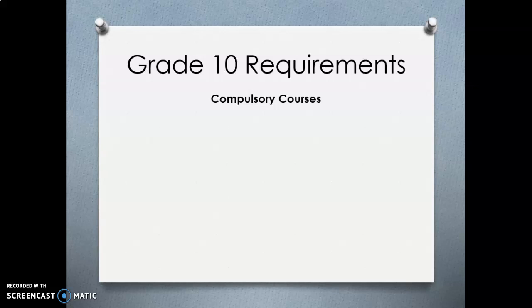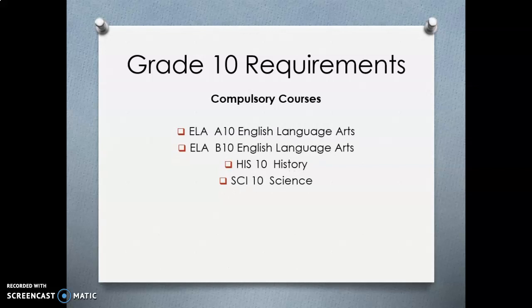So there are some compulsory classes, and that's just classes you must take. They are not optional. So the first four here are English Language Arts A10 and B10, those are the two Englishes that you need to have in grade 10, and then a history class and a science 10 class. So those are four classes you must have.